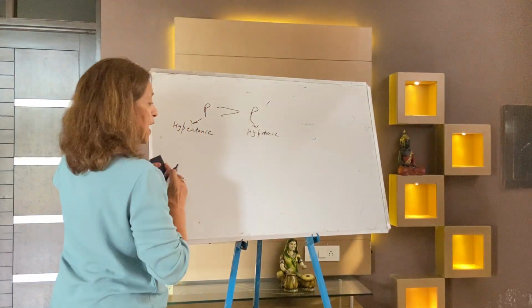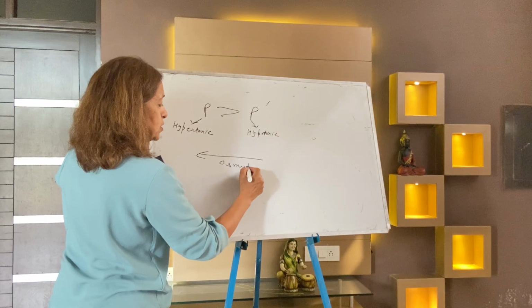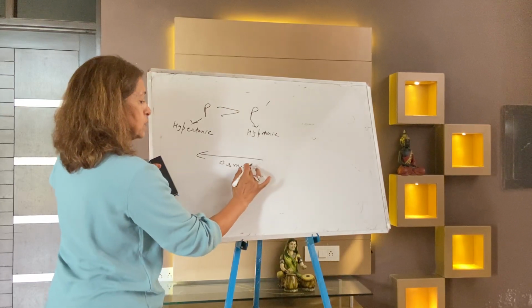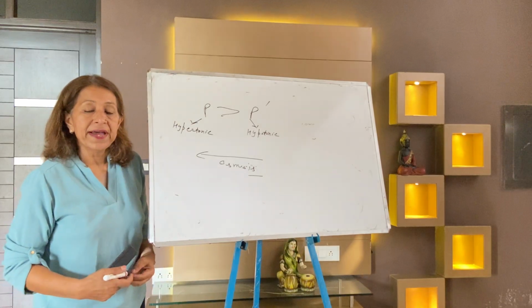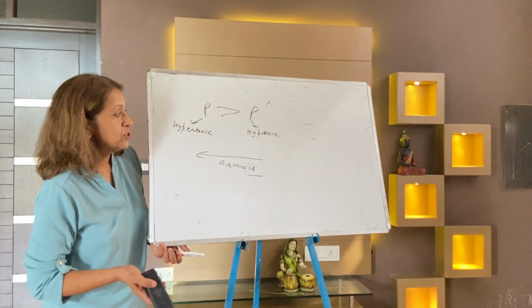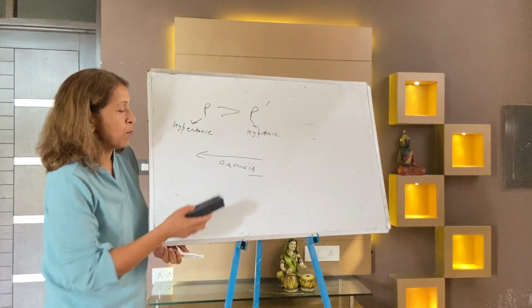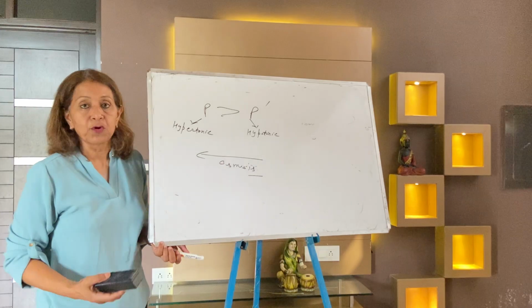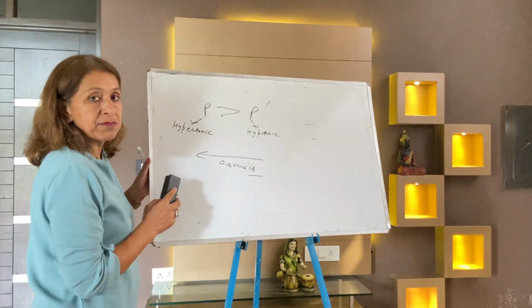And osmosis always takes place from the hypotonic solution, less concentration, to the hypertonic. P is greater than P dash, that means hypertonic, P dash is hypotonic, and osmosis always takes place from hypotonic to hypertonic. Remember this. So this is all about the 2 topics I've covered.